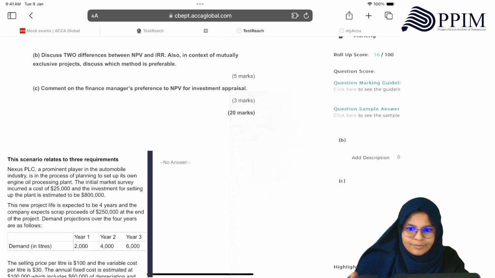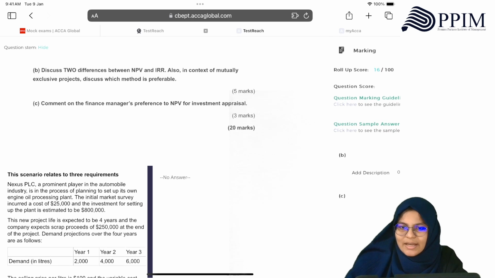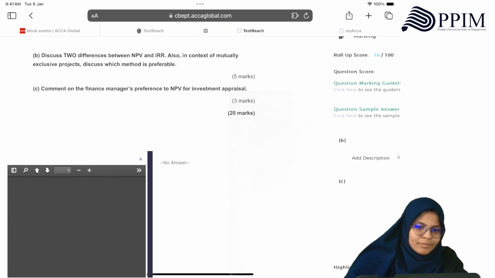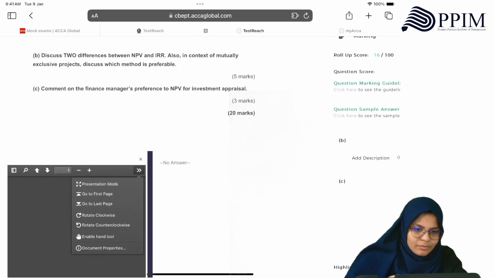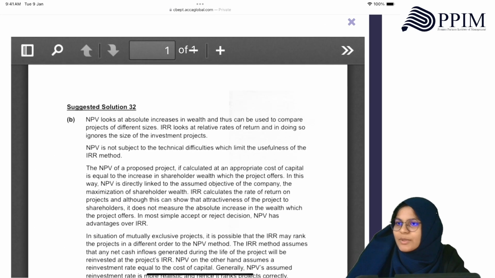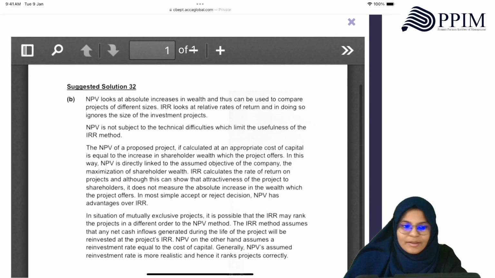You can see question sample answer. Click on that. So these are the differences between NPV and IRR, what they are trying to say.